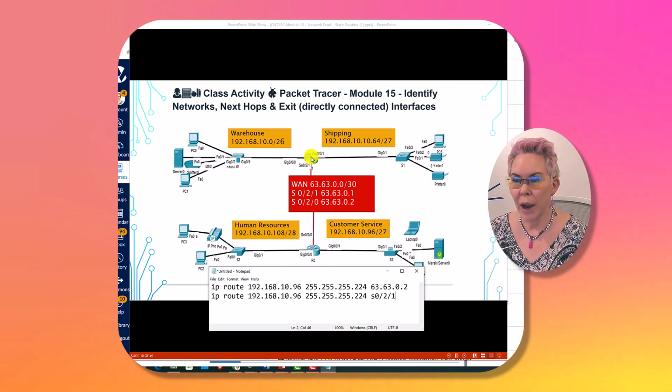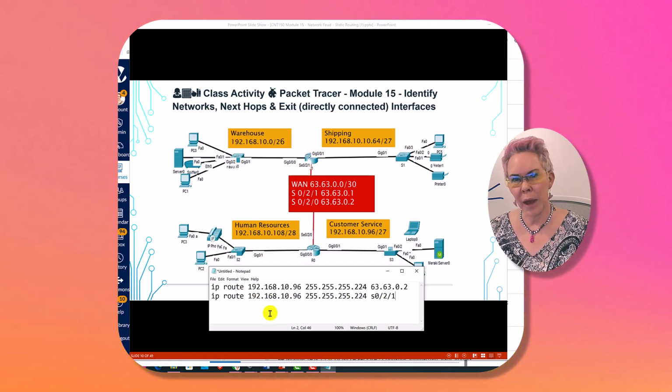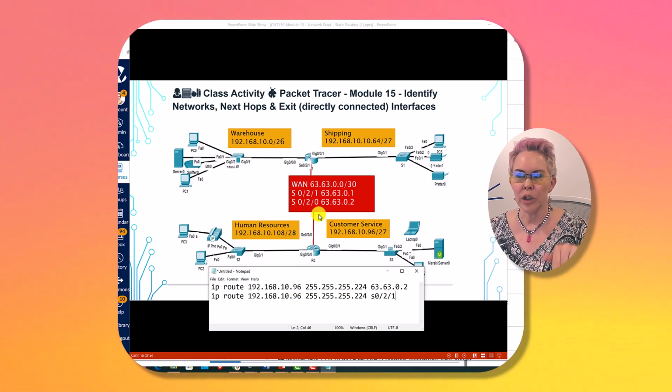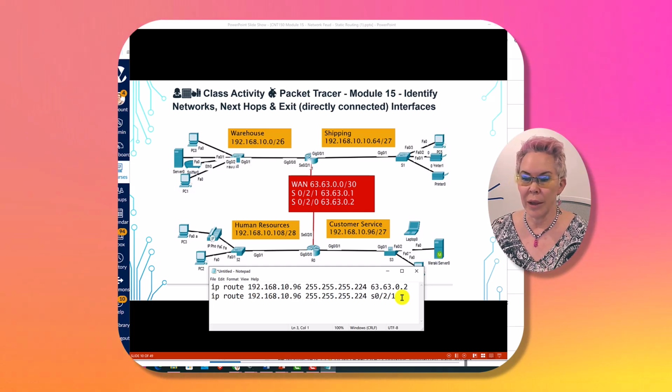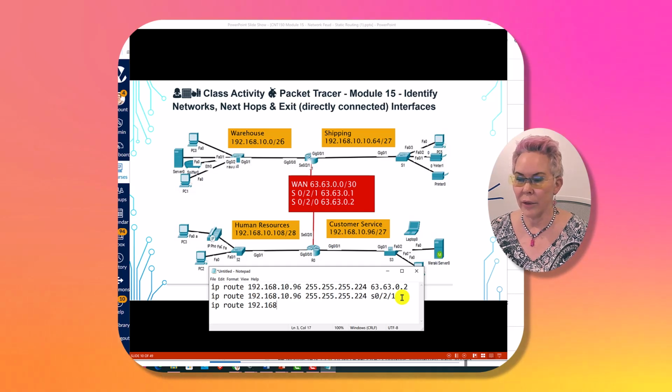When this router receives a packet from the warehouse destined to customer service, it will look in the route table and say, if I have a packet that needs to be sent to 192.168.10.96, let me just push it out of the interface S0/2/1. Hey, now what if I wanted to do the same thing but create a fully specified route? I can do that as well.